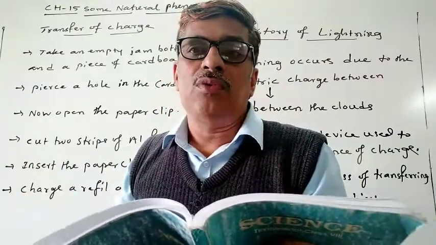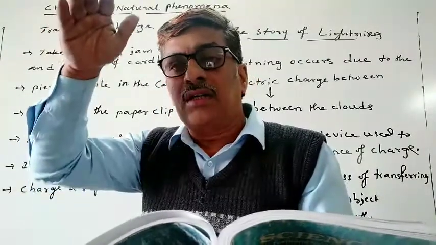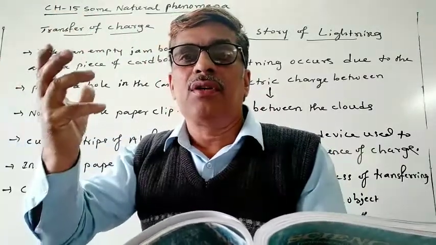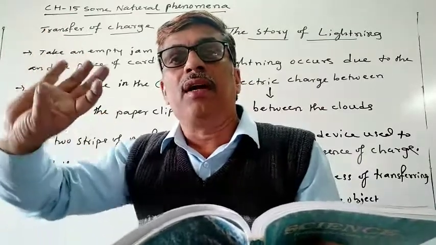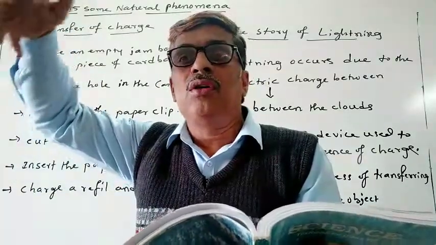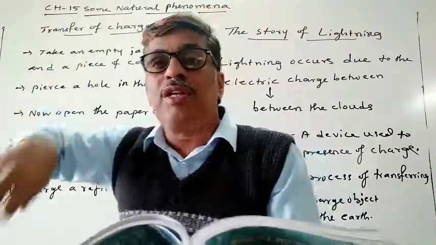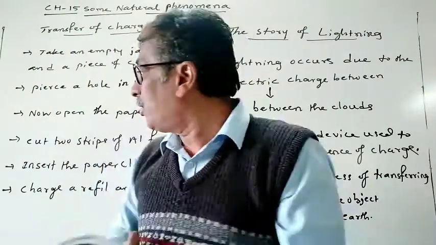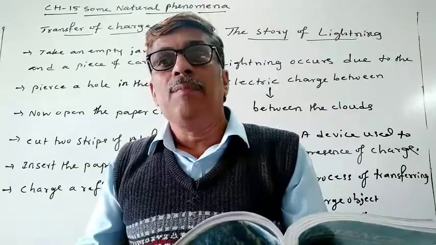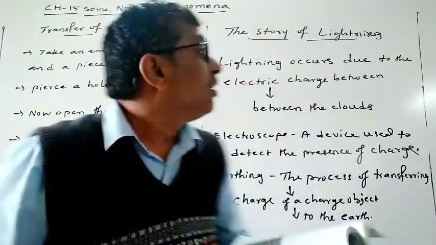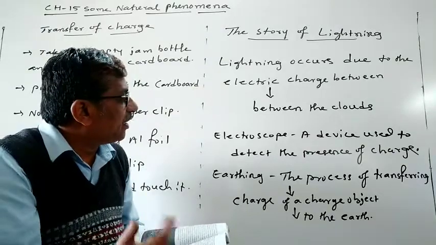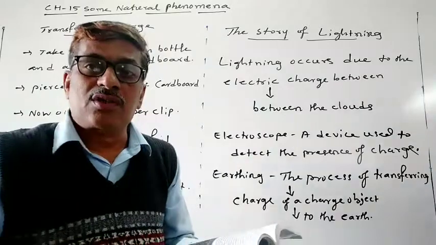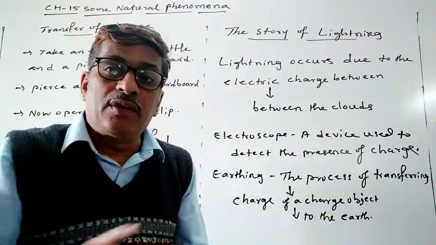We have discussed that activity also. Clouds with positive and negative charges produce a sound through the air medium, because of this accumulation of charges, and the charge passes through the air to the earth. Air, which is a bad conductor, will work as a conductor at those times. You also learned the story of lightning, how it occurs and how it passes.